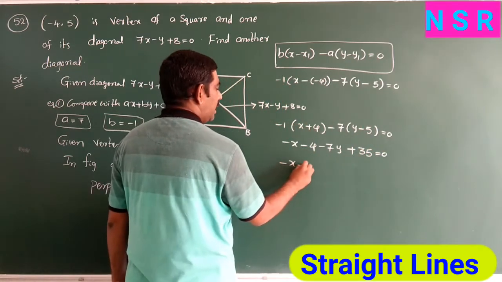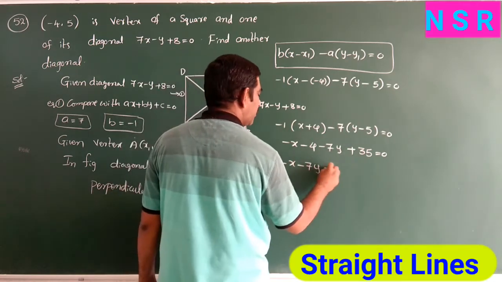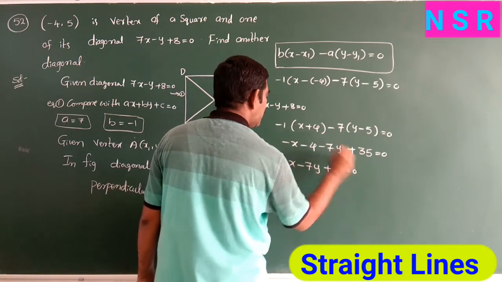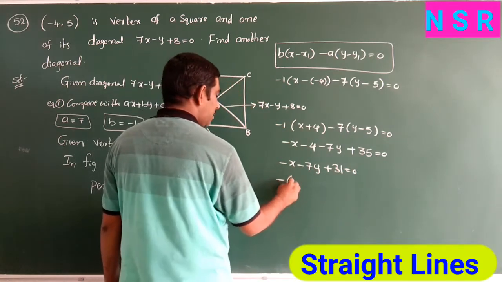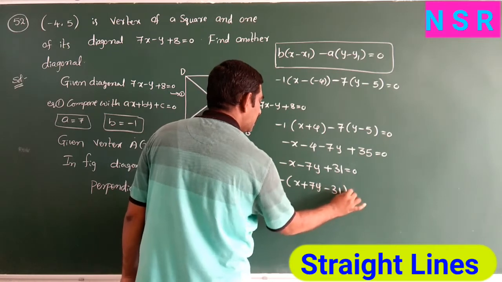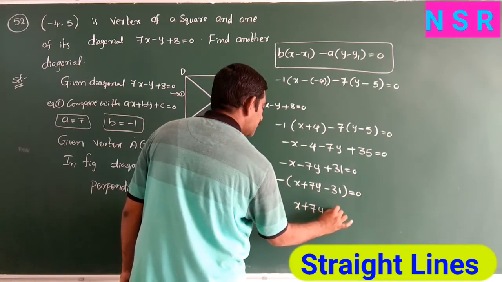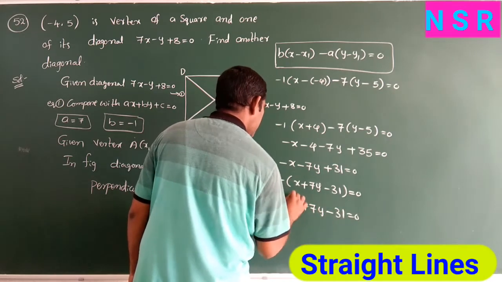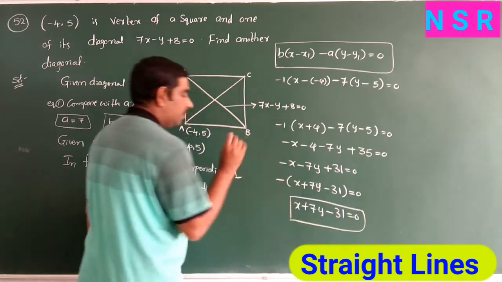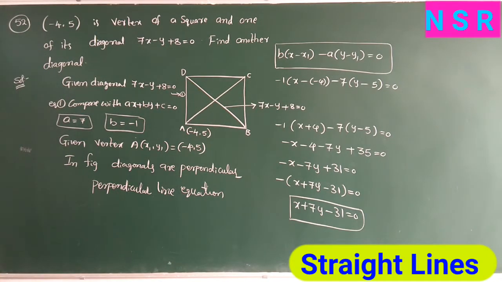So we get minus x minus 7y plus 31 equal to 0. Now take minus common, we get x plus 7y minus 31 equal to 0. So our second diagonal of a square is x plus 7y minus 31 equal to 0.